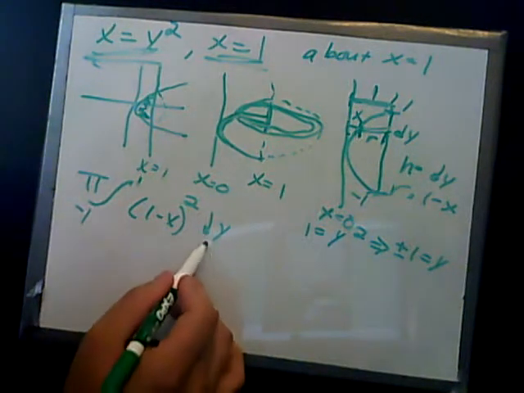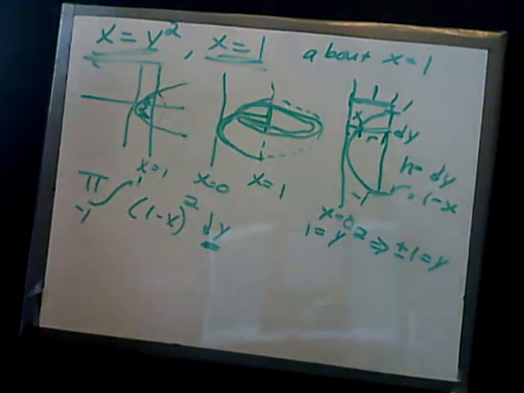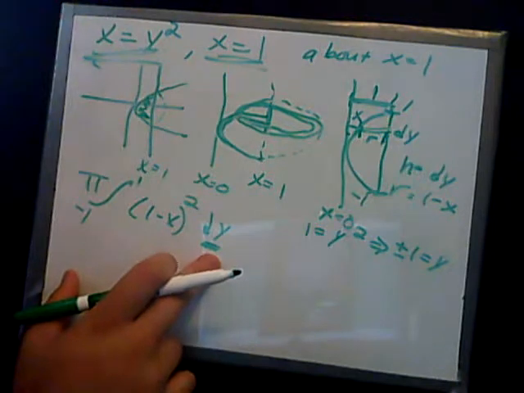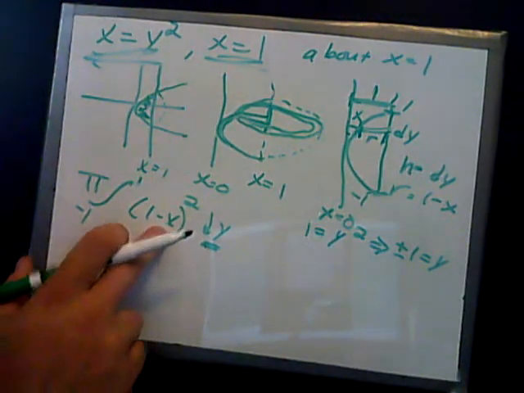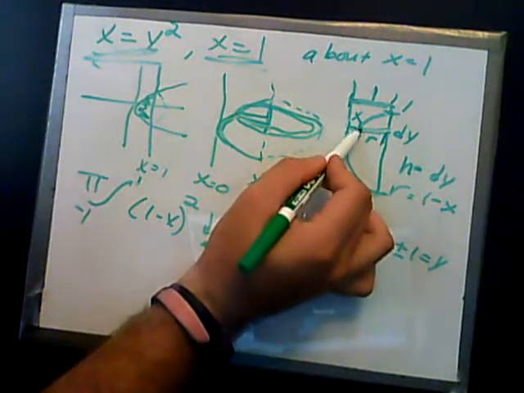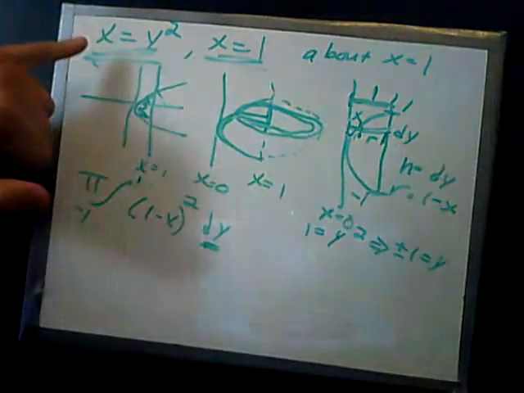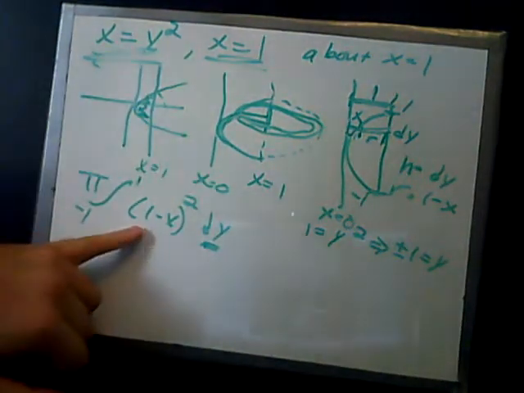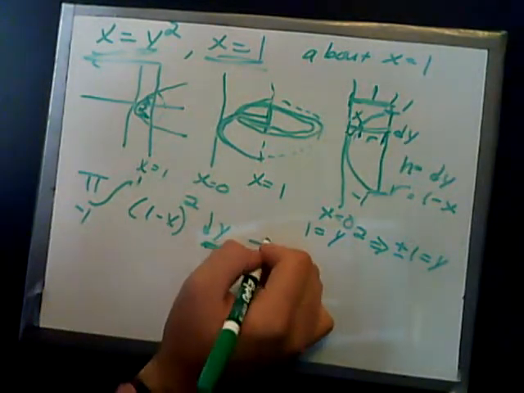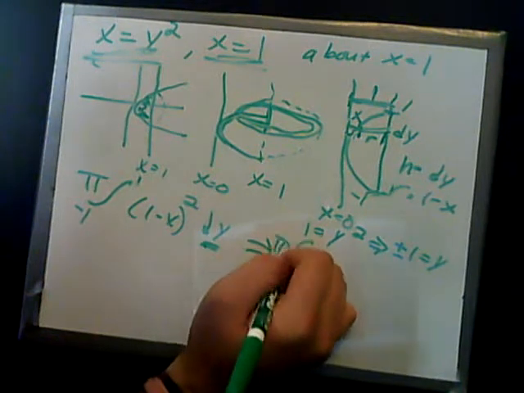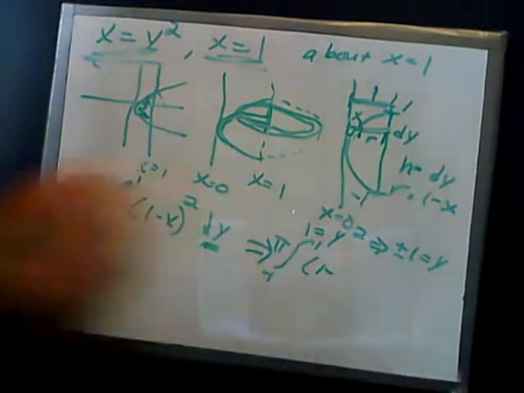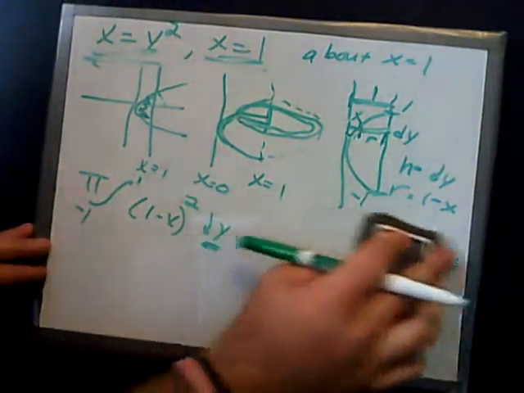Except for the fact that having dy in here is not a good thing. We need to get rid of the x's because we have dy. So we called x the distance from the axis to this curve, but we know this curve is just x equals y squared. So instead of calling this 1 minus x, we can call this same thing, really getting sloppy here, one second.